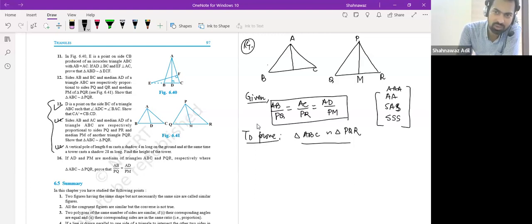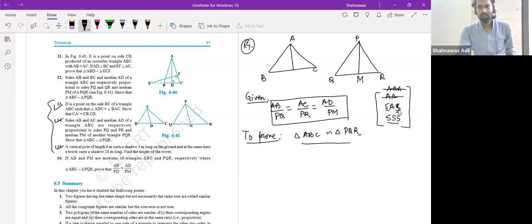So does this question talk about the angle anywhere? No, right? So this is discarded, this is discarded. And we have some sides, so we will see what happens.